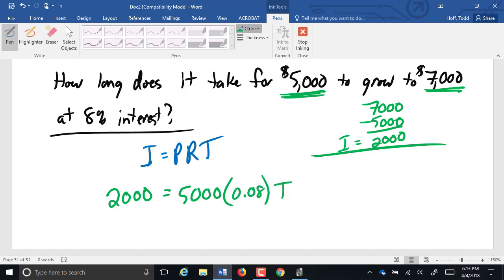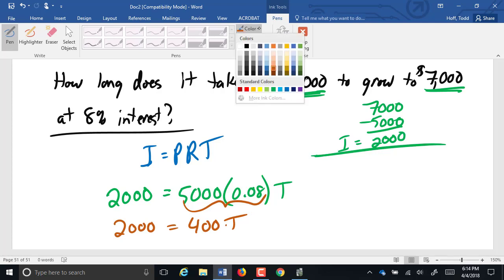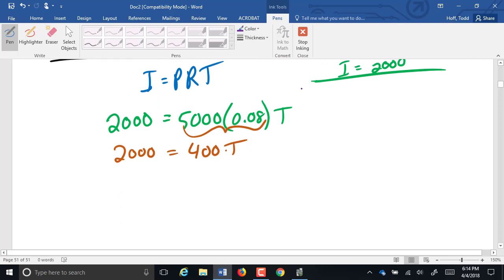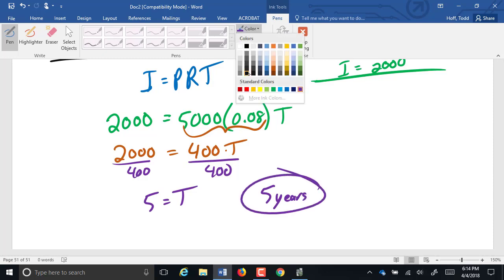And T is what we are looking for. 5,000 times 0.08 is 400, correct? Now we divide by 400, and we get 5 equals T. What does that stand for? 5 years. T is always years.